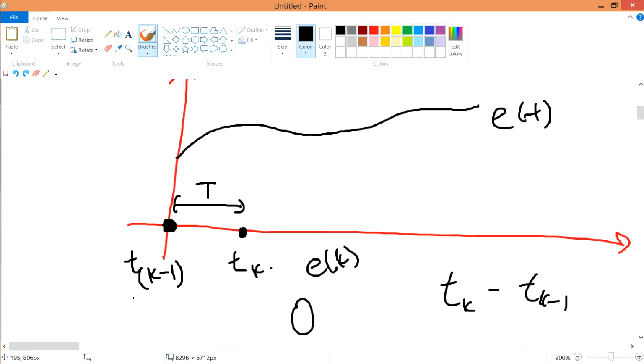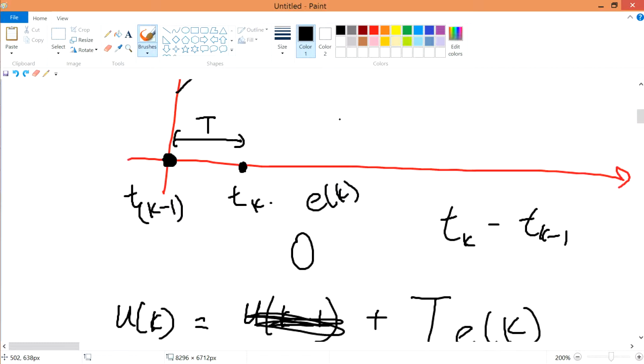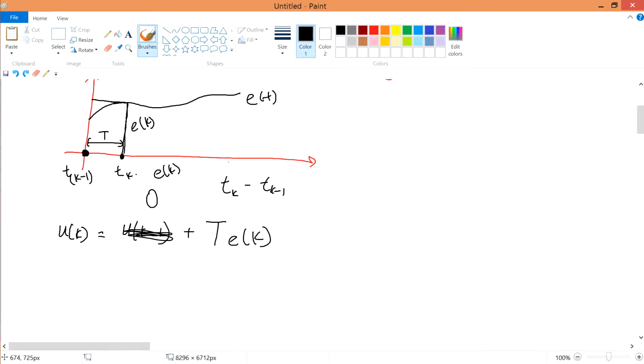This would be ek minus 1, the previous input, the previous impulse. But now we are only talking about dt multiplied by ek, which is our current input at tk. So we will shoot up at this point. This is your ek. So dt times ek will give you this rectangular shape over here. You see, you have formed the first signal.